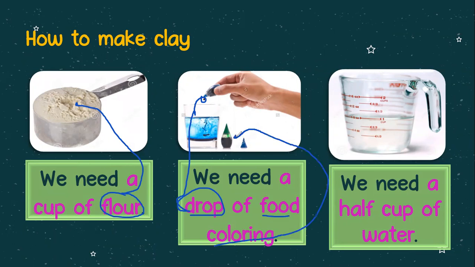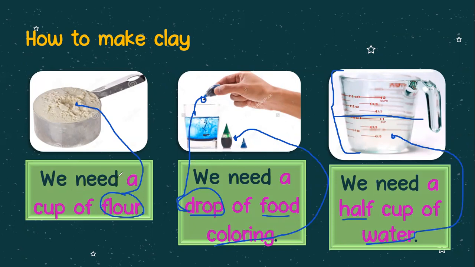We need a half. This is a cup. So this is a half cup of water. This is water inside a cup. Half cup of water.